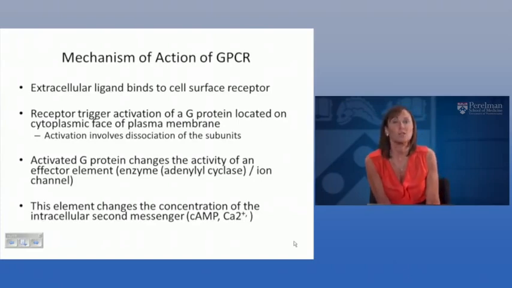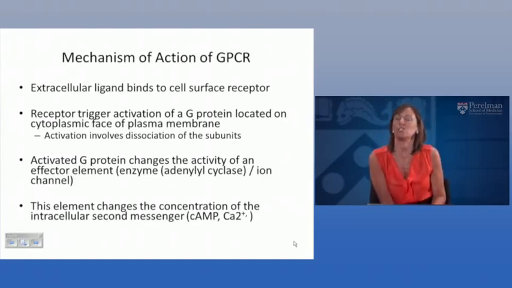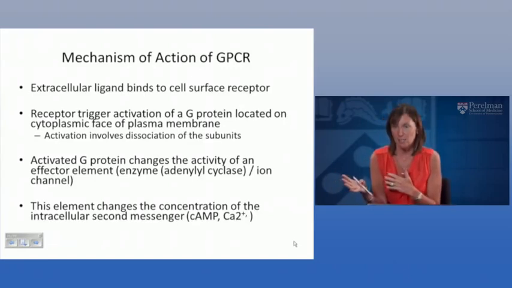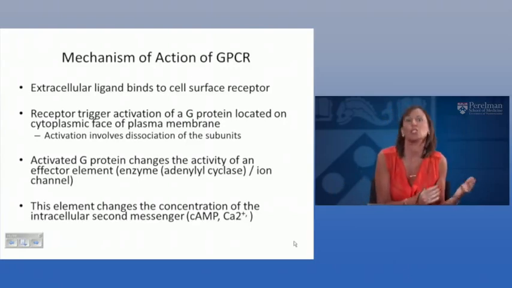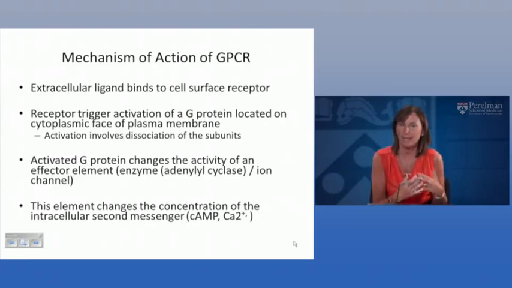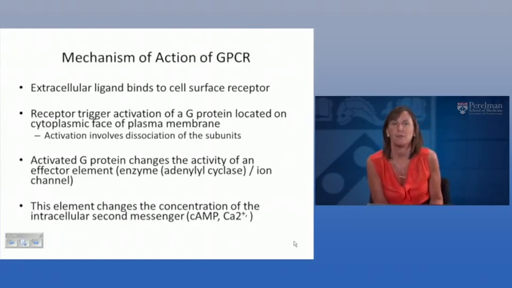Alternatively, activation of the G protein may be coupled to the activity of an ion channel. Now, that makes things just a little bit more complicated, where you see ion channel receptor activity being linked to G protein coupled receptor activity. And I'm going to show you a couple of examples to try and exemplify that interrelationship from human biology.